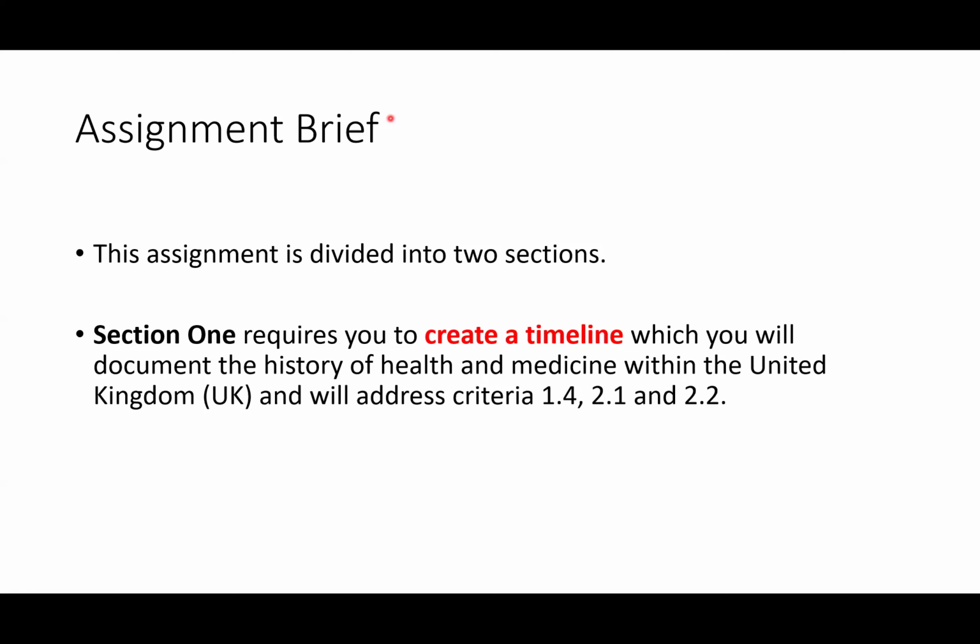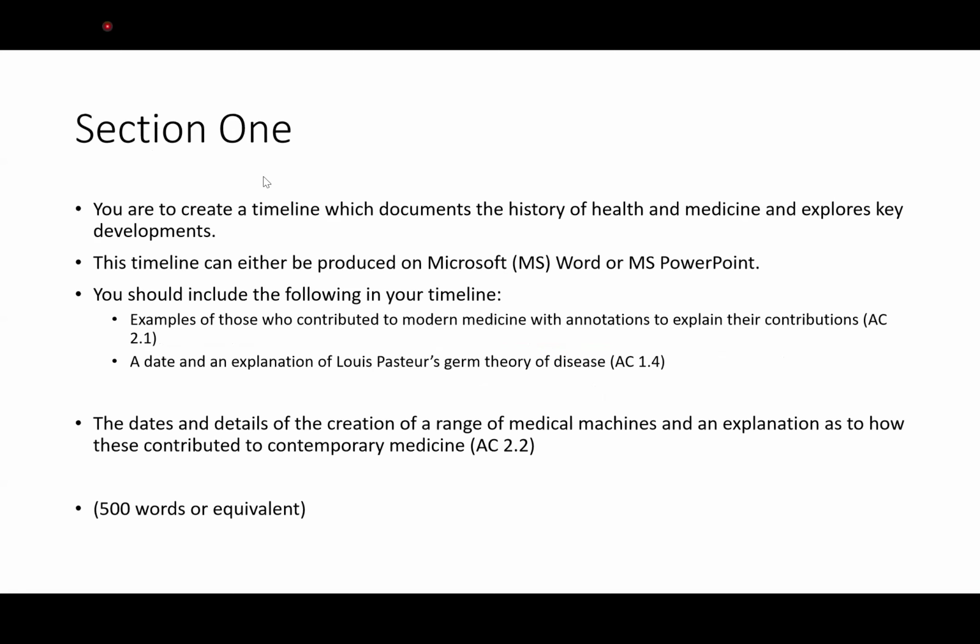So this is a bullet point and you can have sub bullet points here. If this is a date, you have all these bullet points that happened on this date.